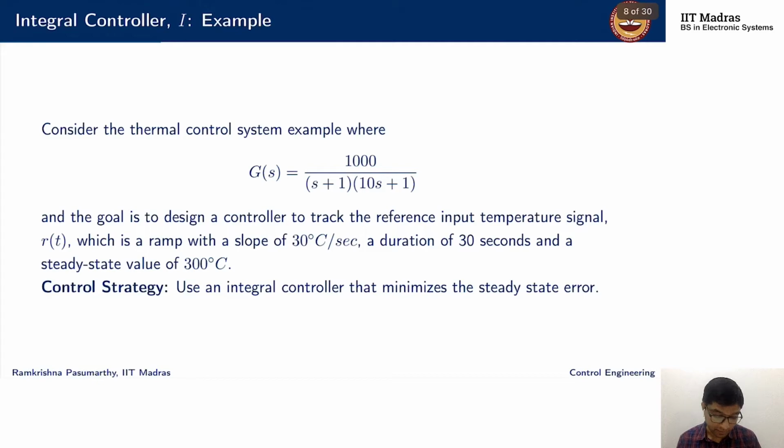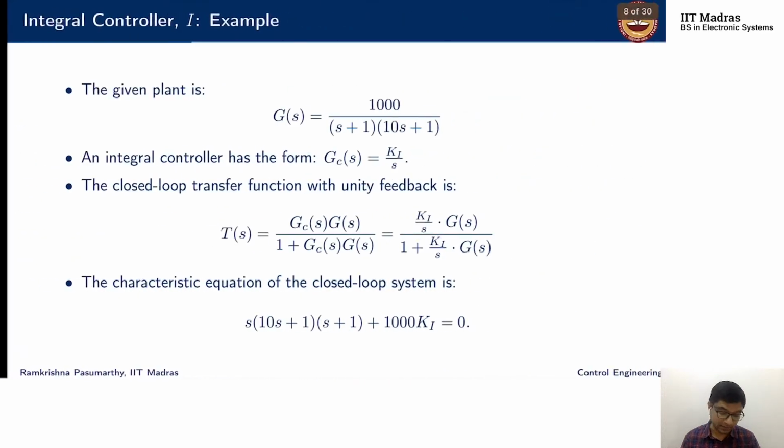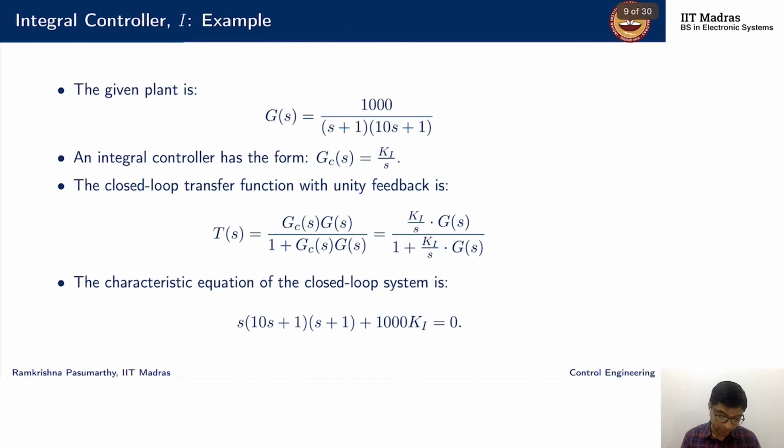So again, we'll come back to the example that we had of a thermal control system. G(s) was this nice structure. Same thing, I want to track a reference which looks like this. It has an initial slope and then settles down to a constant. Can we use integral control to see what happens to the steady state error? So I do all the math here.